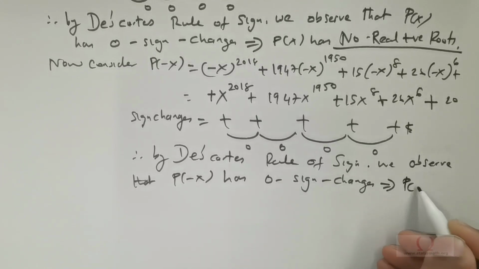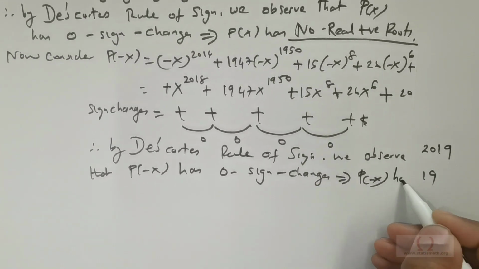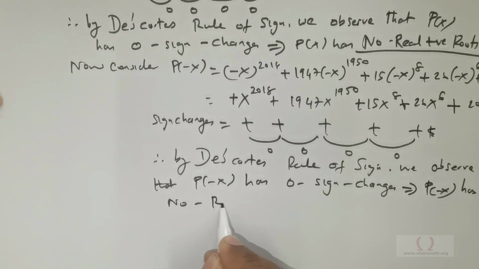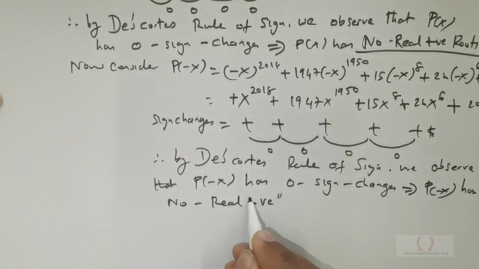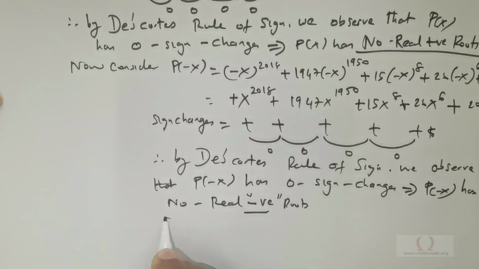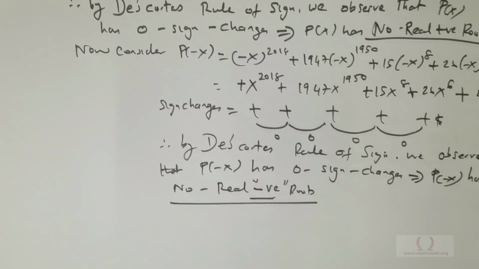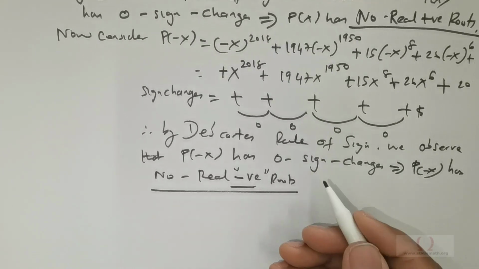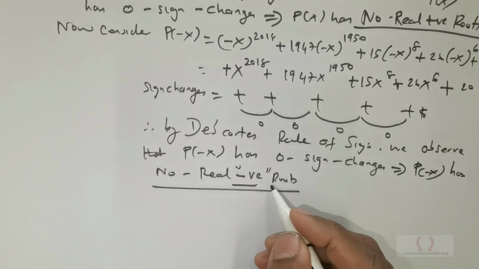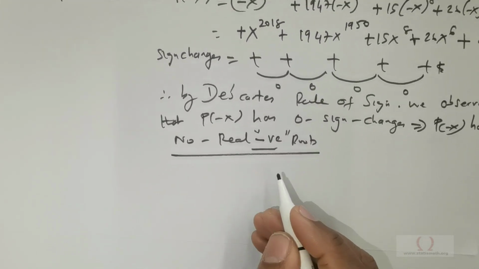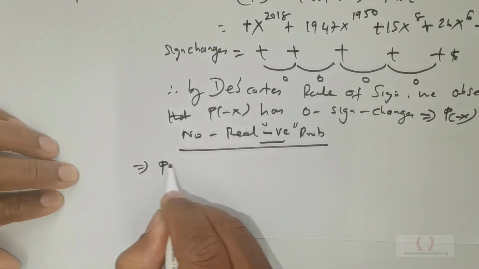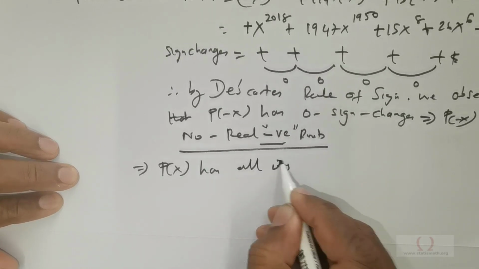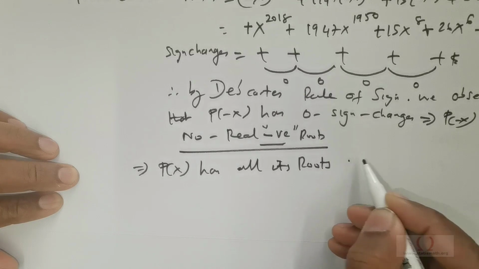So this would mean that p of negative x has no real negative roots. You can state that statement: no negative real roots. So this would mean p of x has all its roots imaginary.